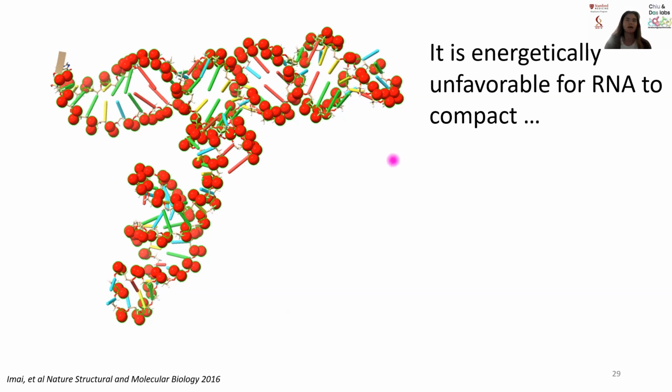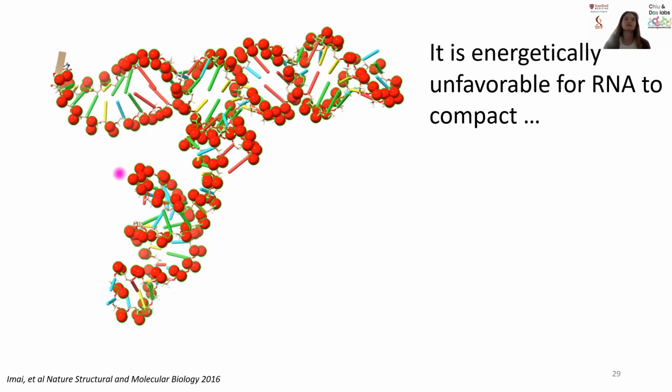And why is that? Well, here's just our RNA again, but I've made in very large red spheres the negatively charged backbone. So RNA is a highly negatively charged molecule. You can see every single base has these negatively charged spheres. And we know negative repels negative, right?